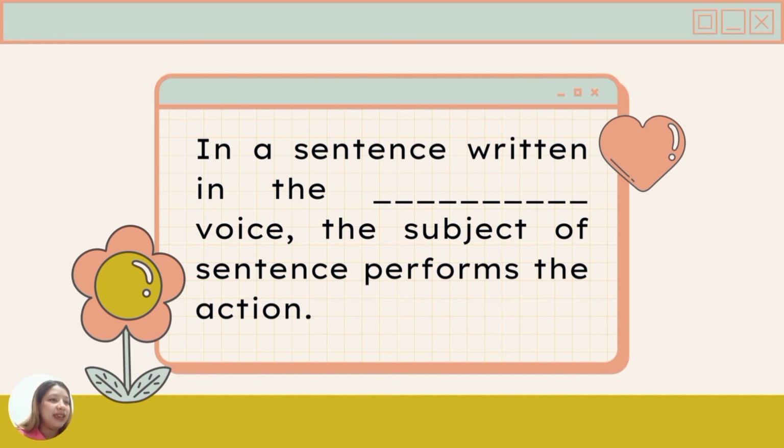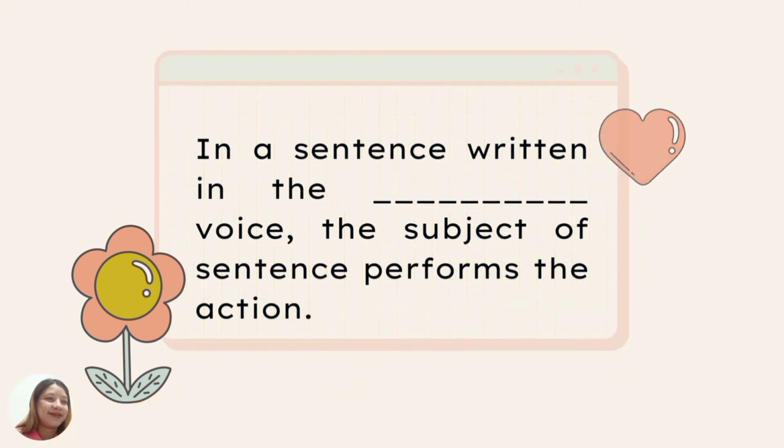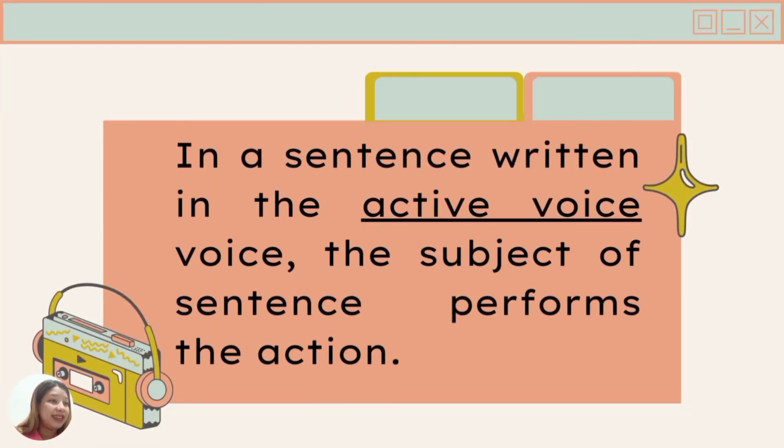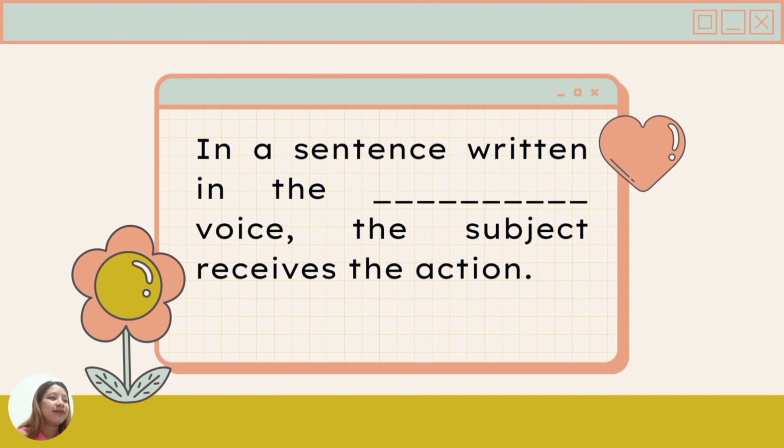In a sentence written in the blank voice, the subject of the sentence performs the action. Very good. The correct answer is active voice. In a sentence written in the active voice, the subject of the sentence performs the action.